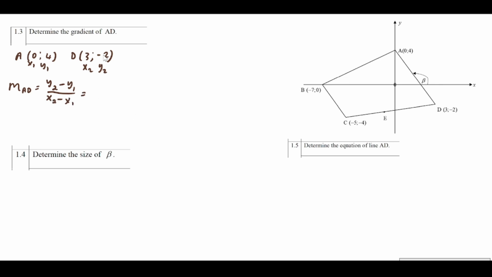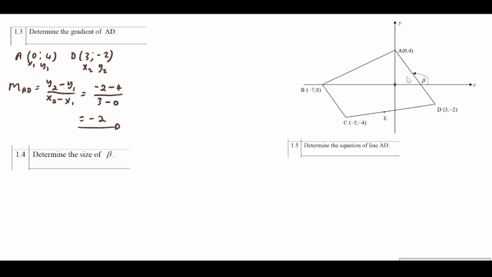Your y2 is -2, your y1 is 4, and you divide that by x2, which is 3, minus x1, which is 0. Put it in your calculator: -2 minus 4 is going to give us -6. Divide everything by 3, you're going to get -2. So this is your gradient.